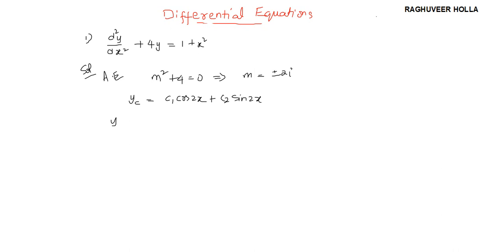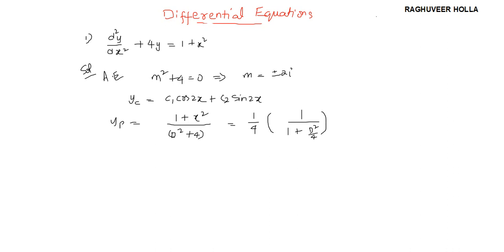So yp will be 1 plus x square divided by d square plus 4. Okay, now we got this. Let us try to simplify this. I'll take 1 by 4 outside, and I'll have in the denominator 1 plus d square by 4.